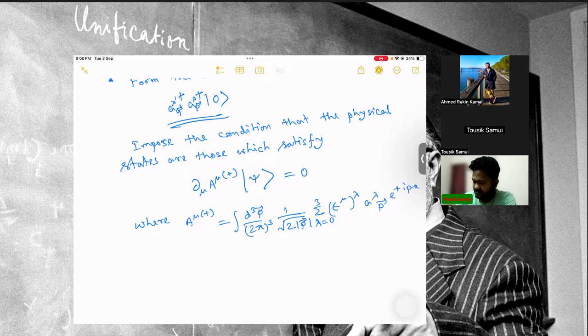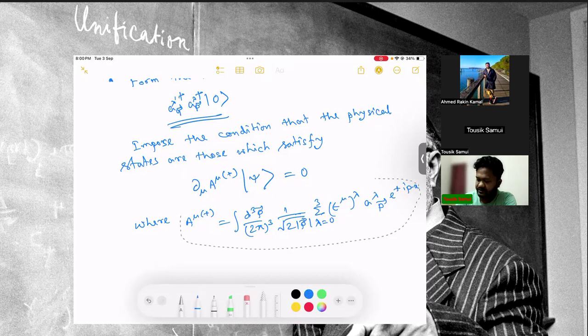So this is the type of convention Ratul already used, that whichever comes with e to the power plus ipx we call, let's say, mu plus.